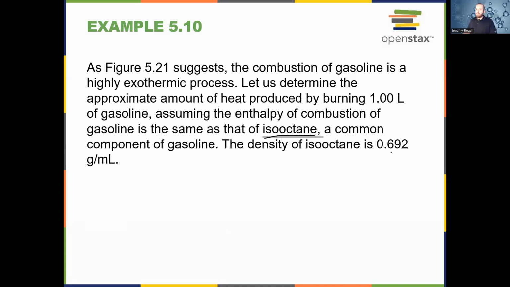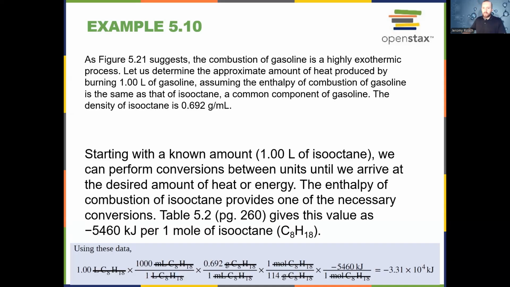Also, the density of isooctane is 0.692 grams per milliliter. So we want to know 1 liter of isooctane, and its density is given here. We're going to start with that 1 liter, and we can perform these conversions between the units until we arrive at the desired amount of heat or energy.